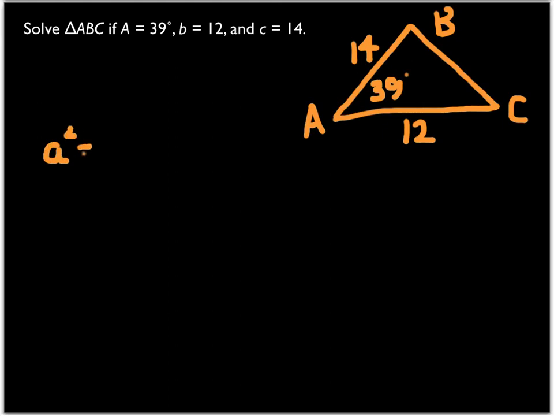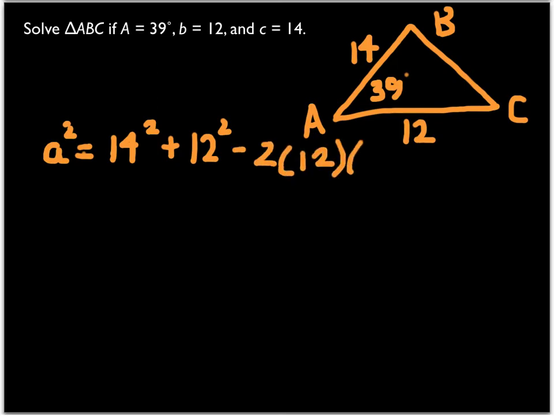And so I'm going to start then with A squared. And that's going to be my two sides that I'm given, which is 14 squared plus 12 squared. Those are my two adjacent sides that we had a couple slides ago. Minus 2 times 12 times 14 times the cosine of that angle that they give you, which is 39 degrees.